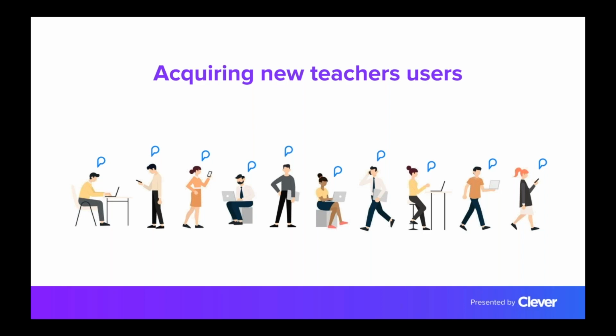Because for our activation funnel for teachers, the biggest drop-off is when they have to invite students, because it feels very, I'm going to invite other people, and what if it doesn't work, and then they'll see it and all those kind of things. We kind of skip that step with Clever, which is maybe a bit scary as well, but it works. And when they actually get the students on, they're very happy. So we get a good chunk of users from Clever Library, and we activate them a lot more. So it's super, super good.